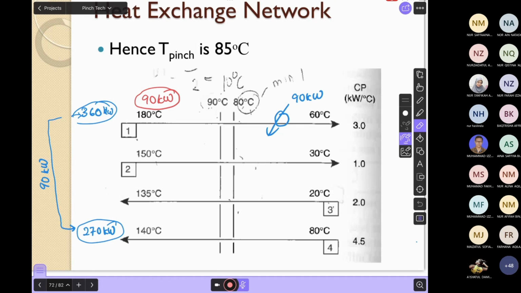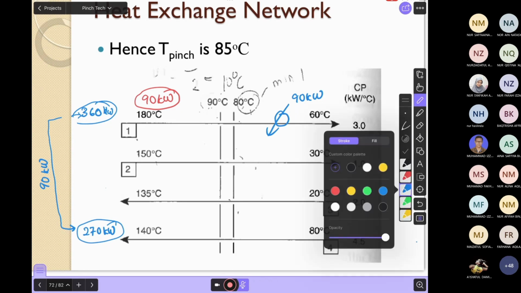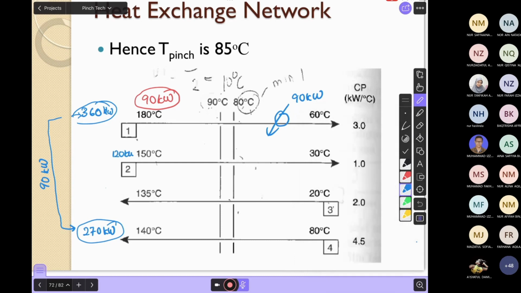Okay, 3 and 2. Berapa energy tadi? How much is the energy just now? 2 tadi berapa? 120 eh. Inilah you kena fikir dalam test tadi. So this one is 120 kilowatt.